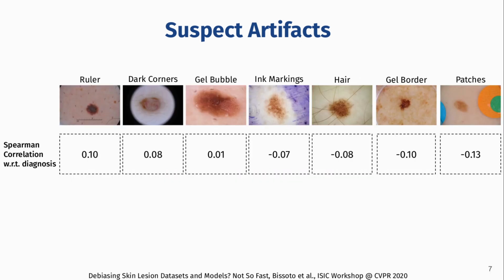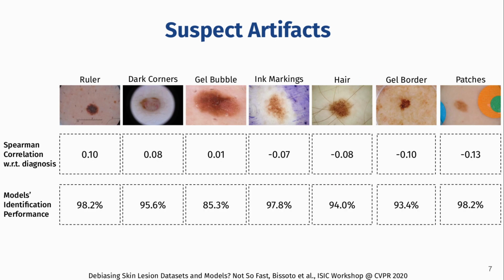The first thing we did was to evaluate the Spearman correlation of such artifacts with respect to the diagnosis. And to our surprise, the correlation is not very high, which makes it unlikely for the network to exploit it.